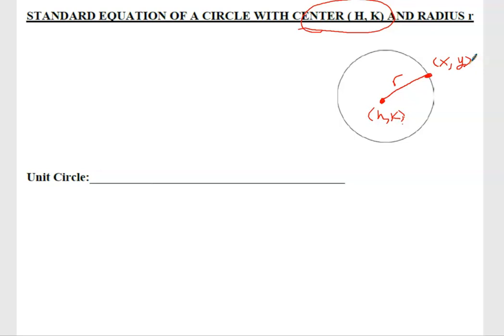So to review, our standard equation of a circle is (x - h)^2 + (y - k)^2 = r^2.